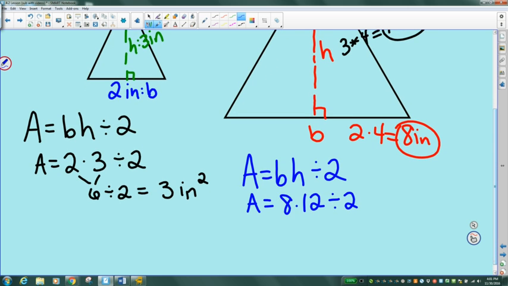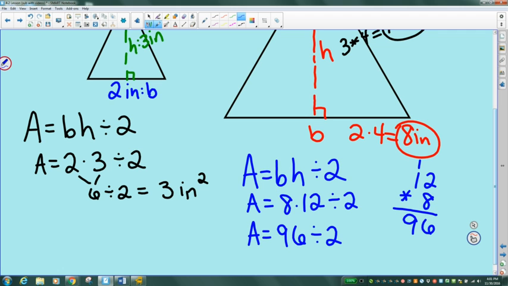I go ahead and multiply 8 times 12. Oh, I don't know off the top of my head, so I'm going to go off to the side. 8 times 12. 8 times 2 is 16. Carry the 1. 8 times 1 is 8, plus 1 is 9. So I have A equals 96 divided by 2.